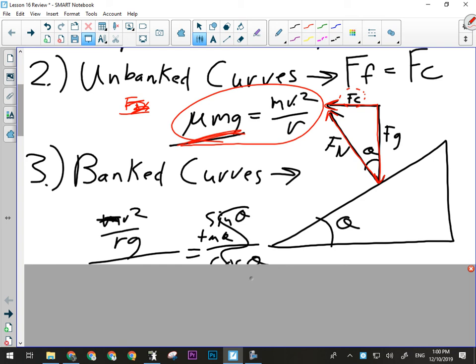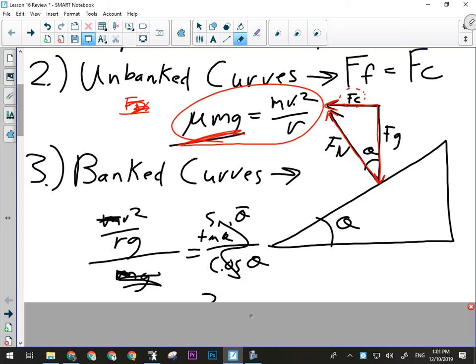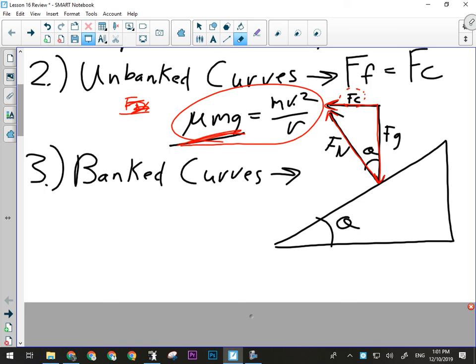Okay? And so that's where we arrived at the banked curve formula from. I'm not going to go through the derivation again because you guys don't need to know it. Okay, but we said that the tan of theta equals v squared over r times g, for a banked corner.